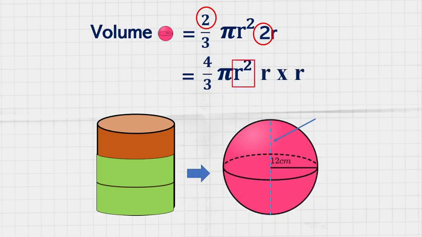And then we still have 1 r here, so we can multiply it. And if we write it in exponential form, we will get pi r to the third power, or we read it as 4/3 pi r cubed. So the final formula in getting the volume of a sphere is equal to 4/3 pi r cubed.